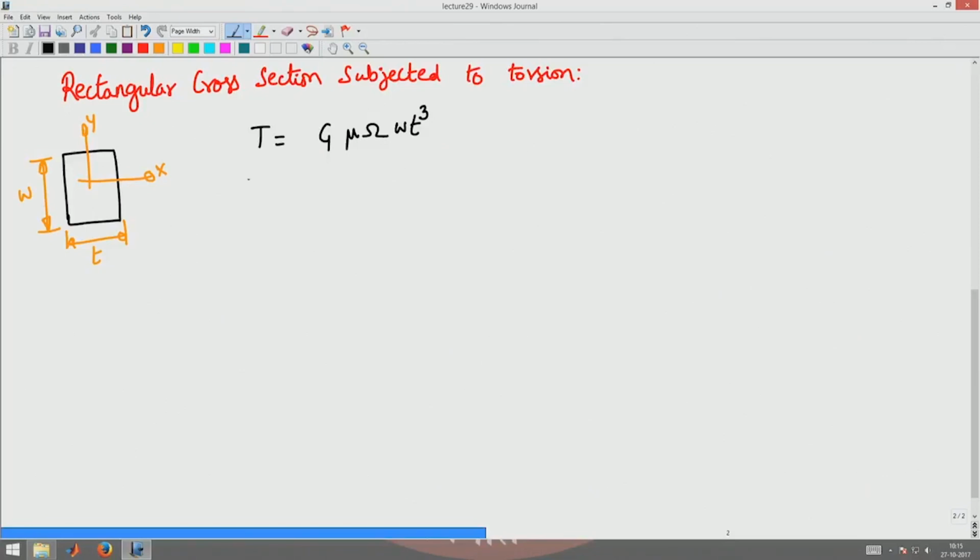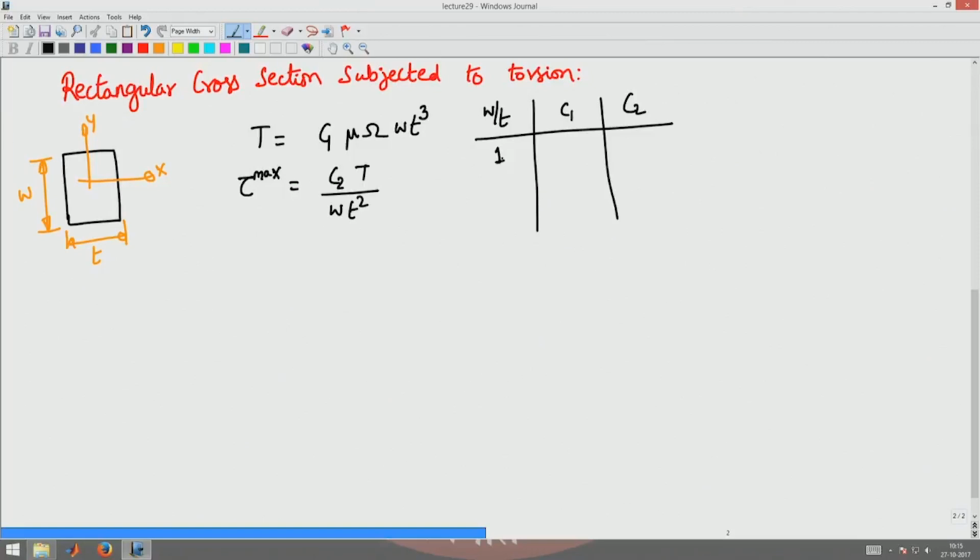And the maximum shear stress will be given by an expression of the form C2 T by w t square, where C1 and C2 are constants which are functions of w by t. In particular, if w by t is 1, C1 is 0.141 and C2 is 4.8.